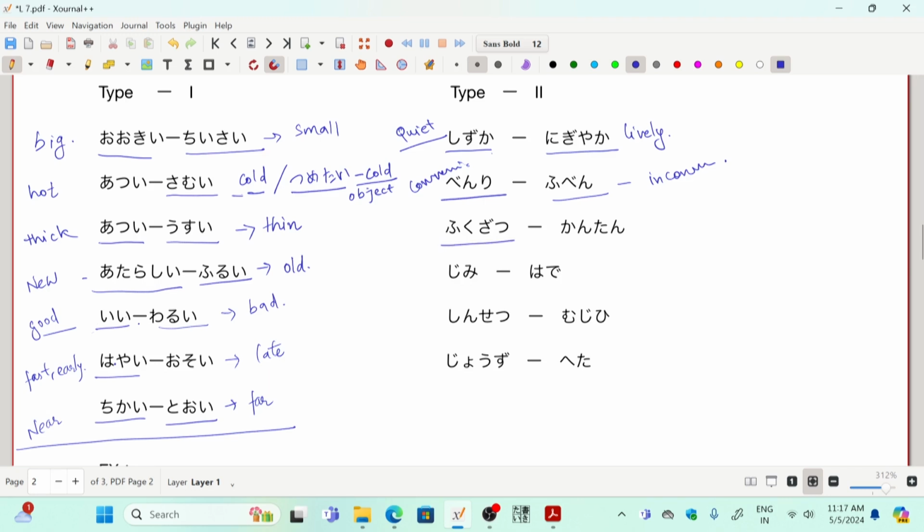Now fukuzatsu, which is complicated. Kantan is simple or easy. Jimi is sober. You can use it for color. And then hade is gaudy, the bright.